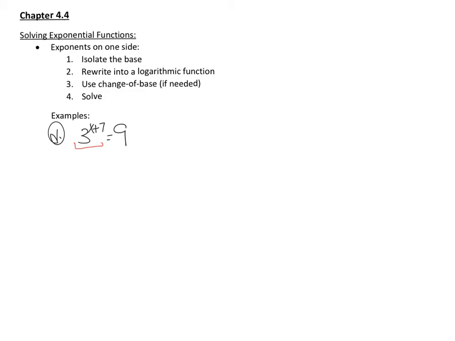We're going to use our properties that we looked at for exponentials and logs. So remember, to rewrite this, I'm going to take that 3 and make it a log base 3, and then switch the 9 equals x plus 7. Remember, we called that kind of the around the world.